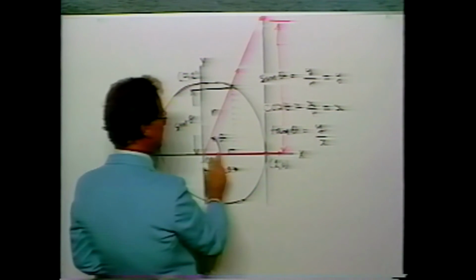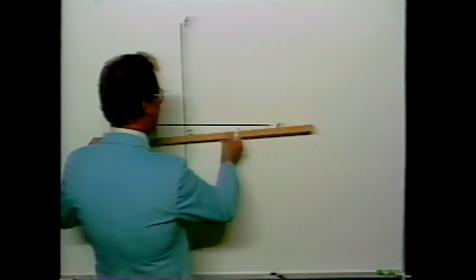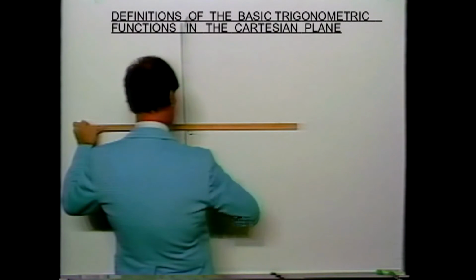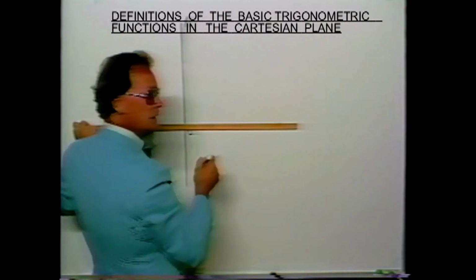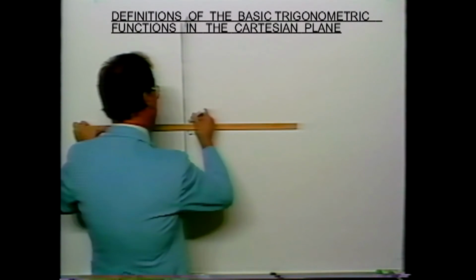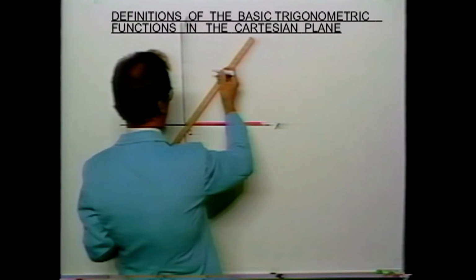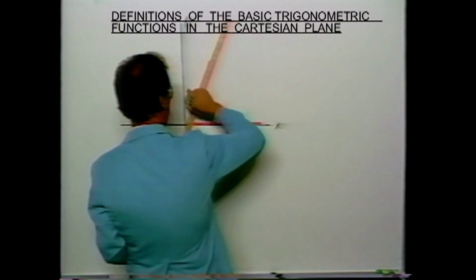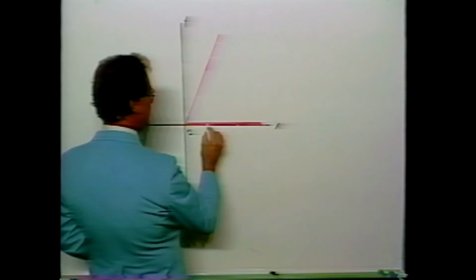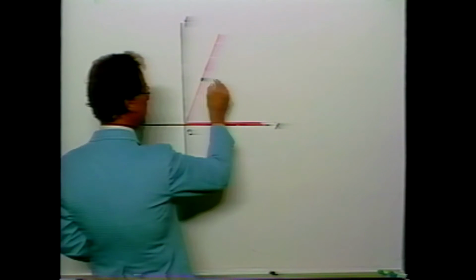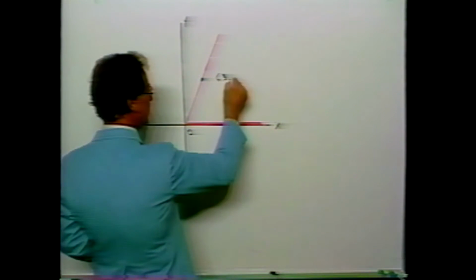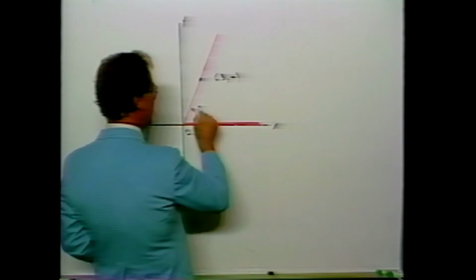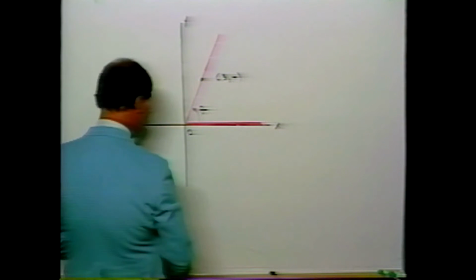Similar triangles: draw another angle in standard position, and let's assume that the terminal arm passes through the coordinates 3, 4. 3 this way and 4 this way. We'll call the angle again theta.